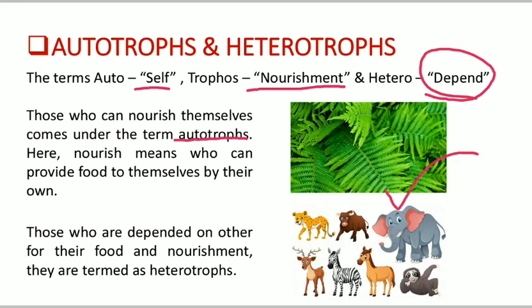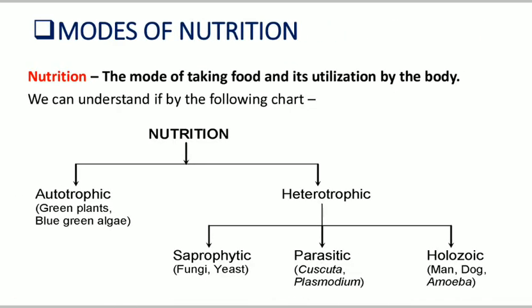So obviously the plant comes under autotrophs. And we human beings and the other animals cannot produce food by ourselves, so we come under heterotrophs. Remember that all the other animals come under heterotrophs, right?